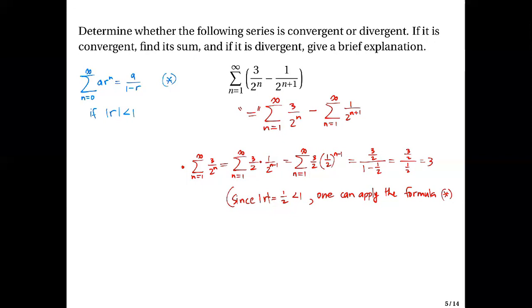So that's the first one. For the second one, we have the sum of 1 over 2 to the n plus 1, from 1 up to infinity. We rewrite this as the sum from n equals 1 up to plus infinity of 1/4 times 1/2 raised to power n.